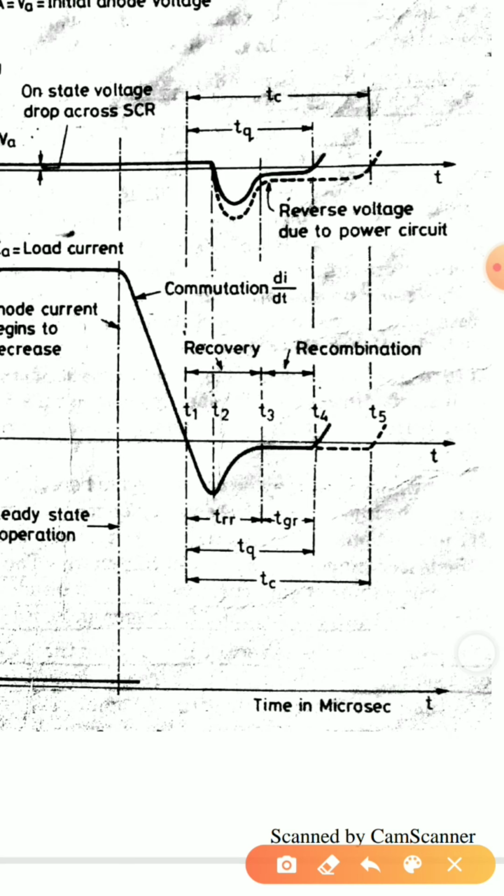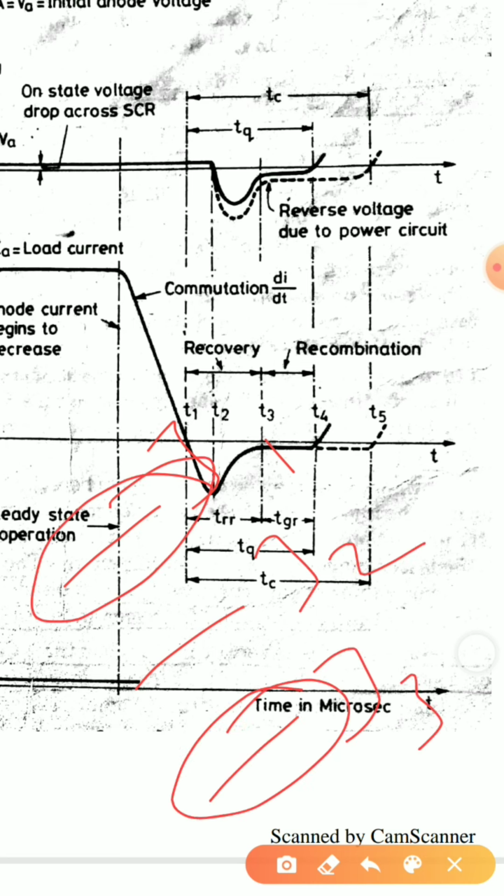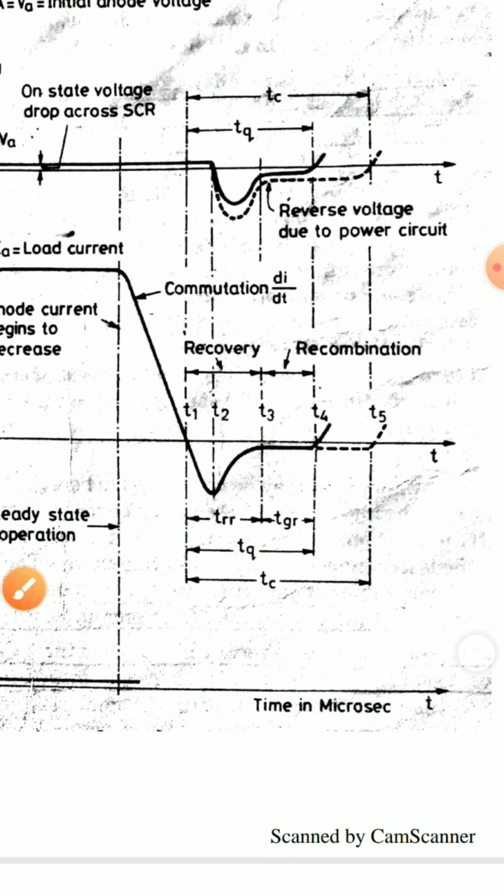Now we can see the reverse recovery current, and J1, J2 and J3 are the junctions. The outer junctions are directly connected to the terminals, so voltage is made available first at J1 and J3. Because of that, the reverse recovery current removes the excess carriers from junctions J1 and J3, that is, recombination occurs first at junctions J1 and J3.